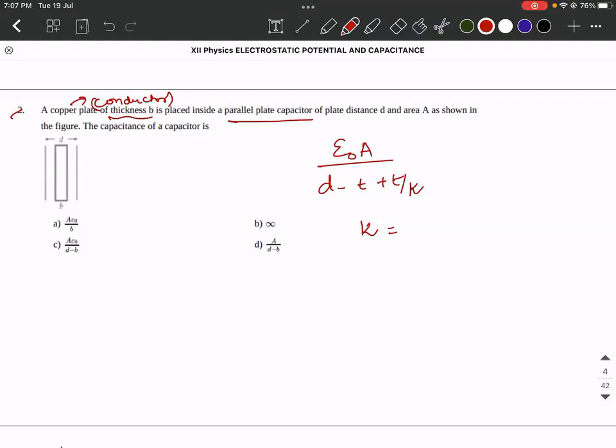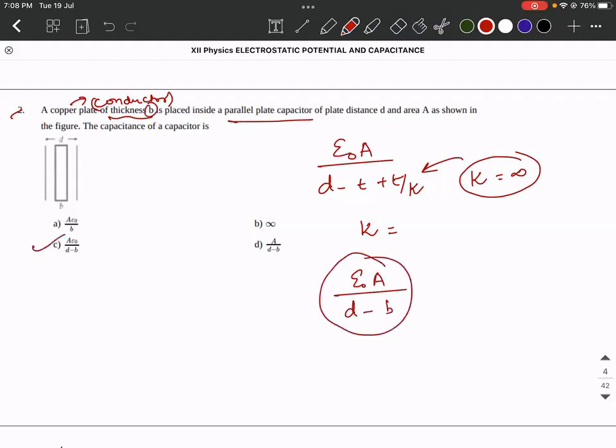Kappa of a conductor is infinity. It is not defined because it's a dielectric constant; a conductor is not a dielectric. So when you substitute infinity here, you will get epsilon naught A divided by d minus t. The option is C.